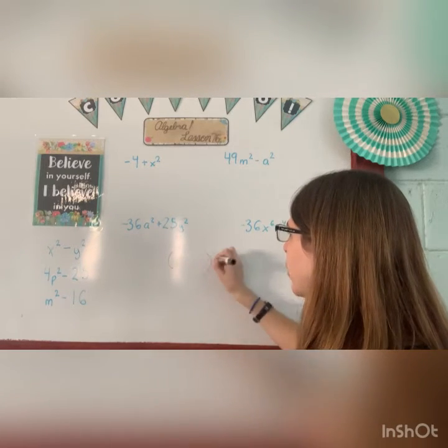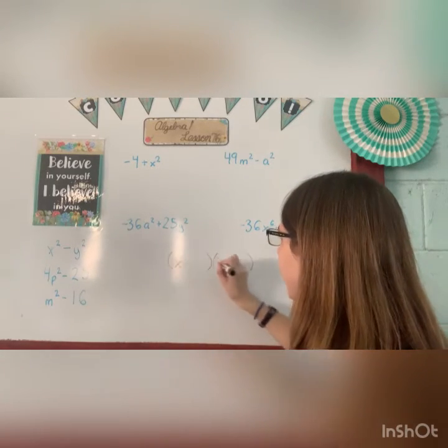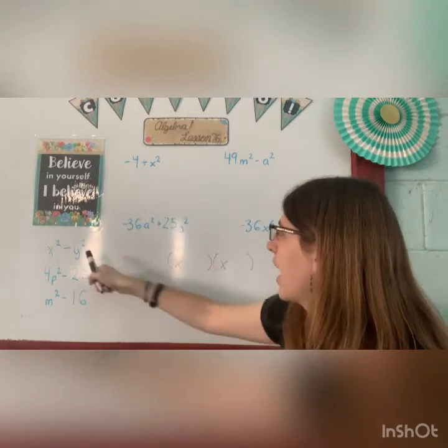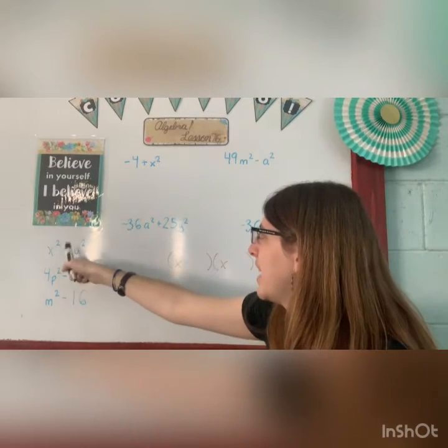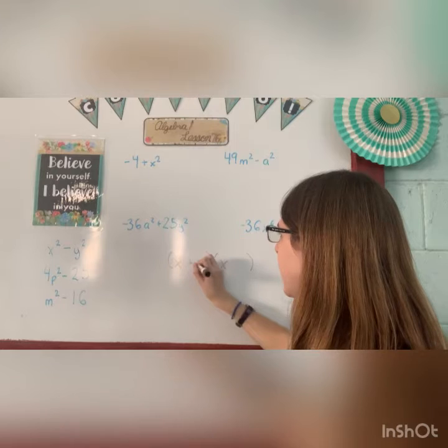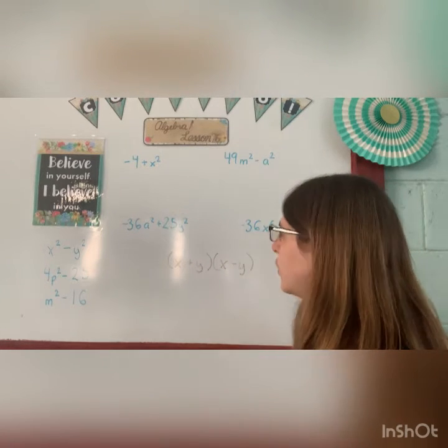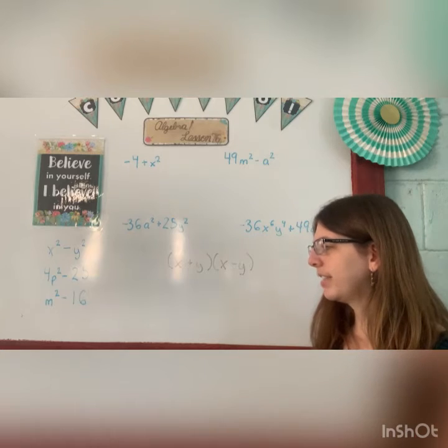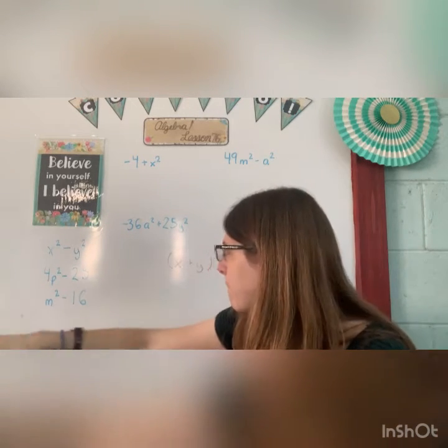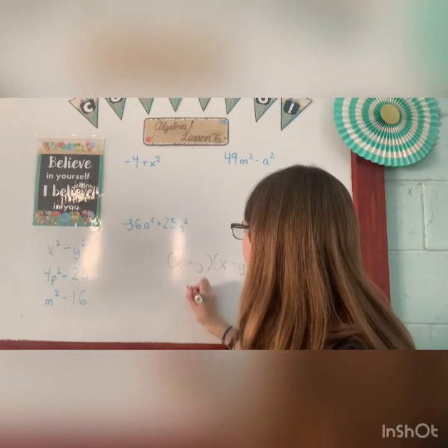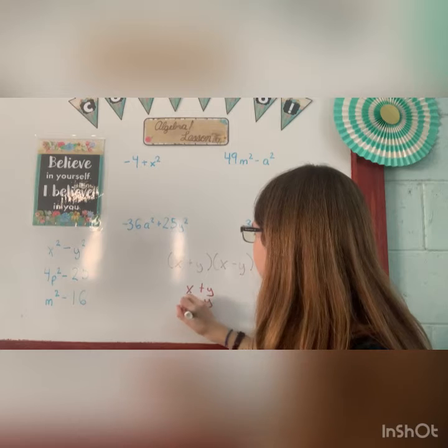If I were to factor it, I have x in both sides, and I know I have y in both sides because it's y squared. But to get a negative, I know one has to be positive and one has to be negative. So if I actually multiply these, let me write it out like this: x plus y times x minus y.